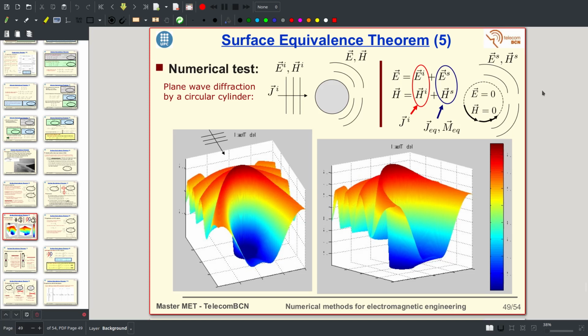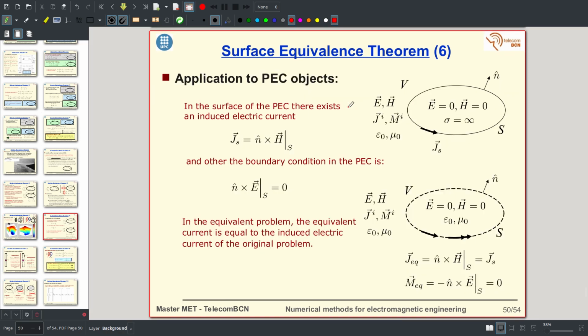After we have seen this numerical verification that shows that the field is truly 0 inside surface S, now I'll show you what happens when we apply the surface equivalence theorem to perfectly conducting objects, because this is the case that we will solve with numerical methods.